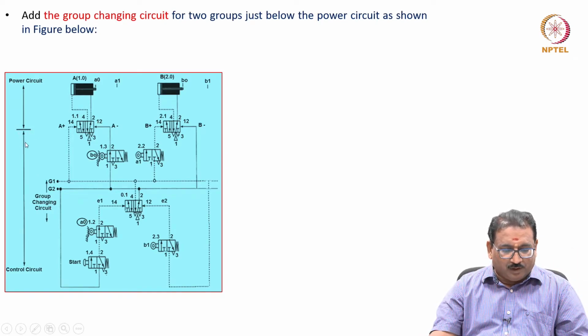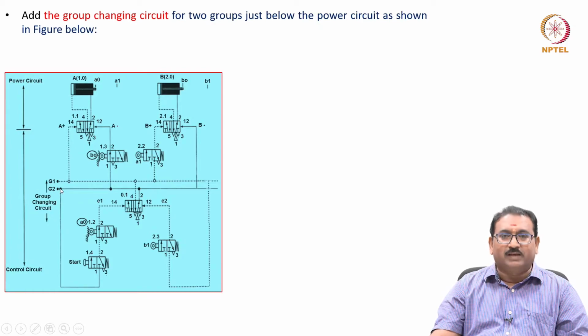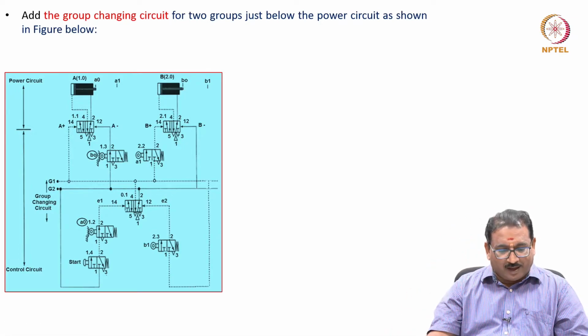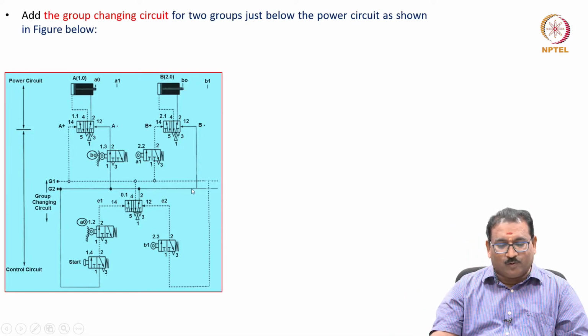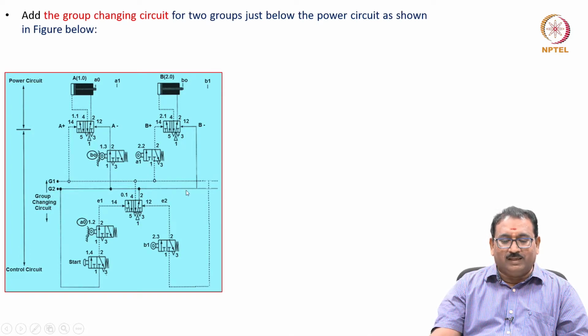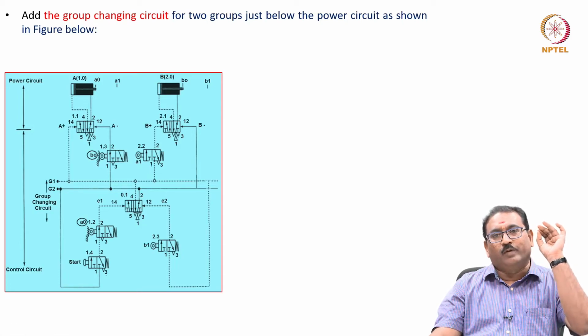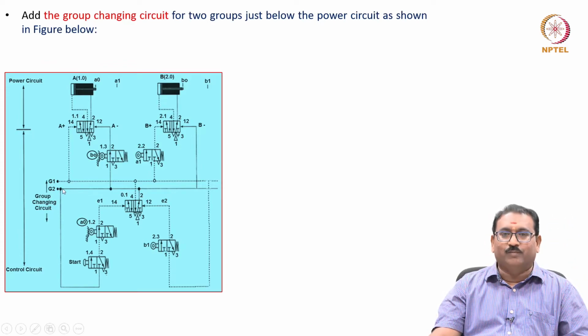Beneath that is the control circuit, which has the group changing circuit. What is this group changing circuit? How you have divided G1 and G2. I am using the G1 and G2 groups. You will see here, friends, the G2 is always active. This is called a null position. Power supply is always in the last group, G2.